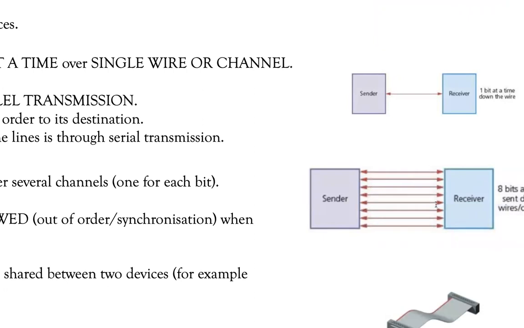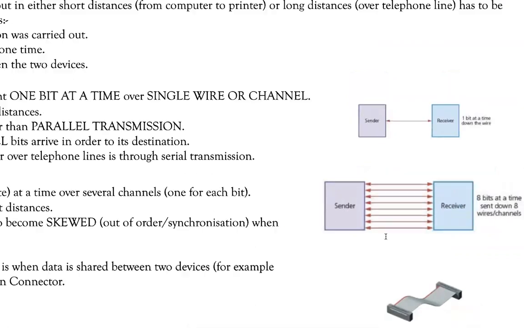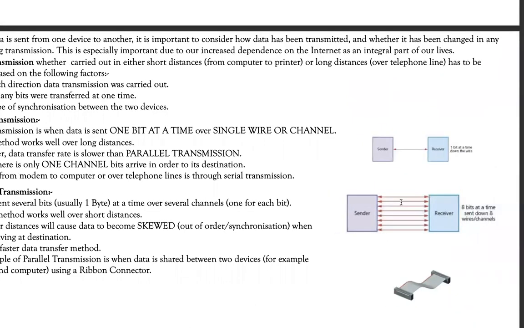Now, as you can see here in this diagram, I've got channels 1, 2, 3, 4, 5, 6, 7, 8. 8 different channels, and they will be transferring 8 bits on 8 different channels. What that means is that if I have 1 byte of data, that 1 byte is transferred at the same time. All of the 8 bits are transferred at the same time, one bit on each individual channel.